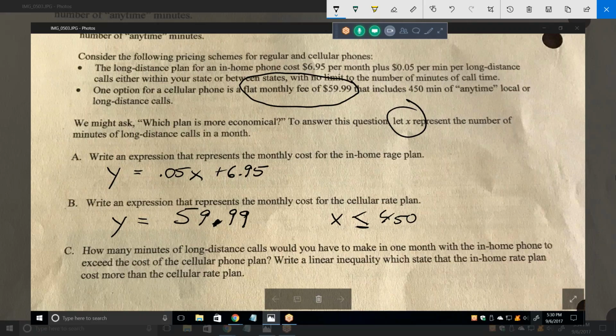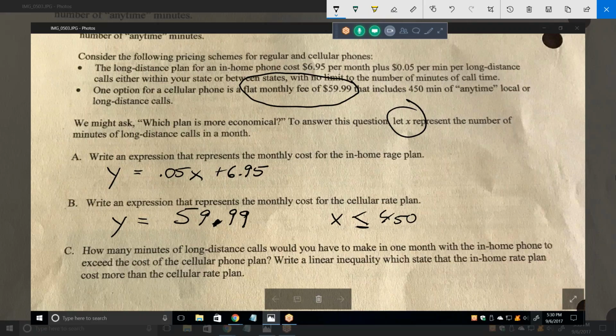Let me just direct you here because there's a couple of ways you can do this. I think the easiest way is to find out where the costs are the same.